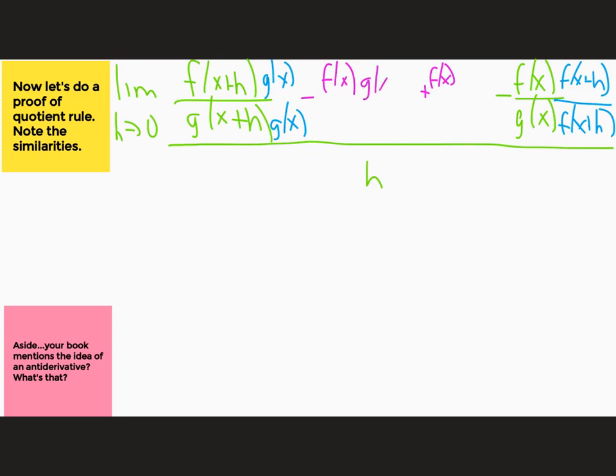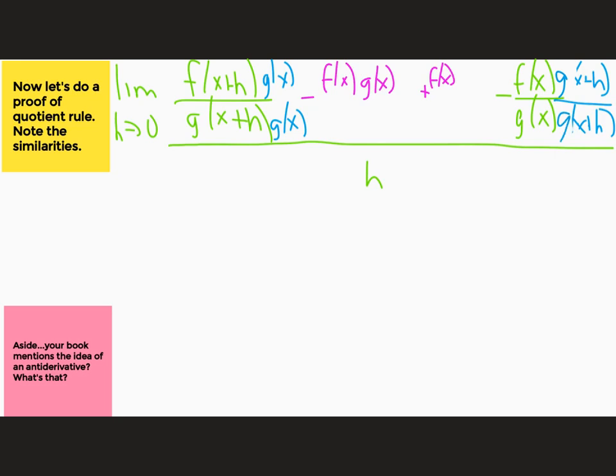I messed up over on the right side. Right here, I wrote an f, oops, that should be a g. G and g, there we go, that'll be better.